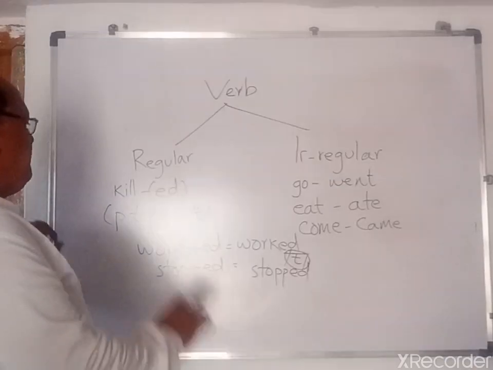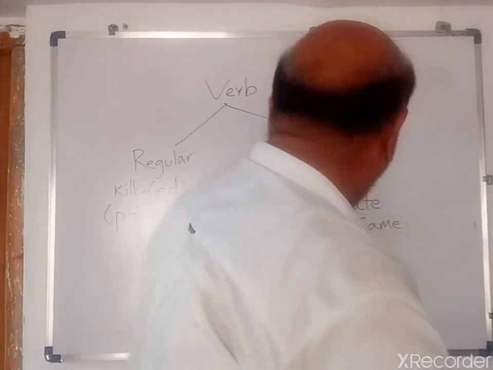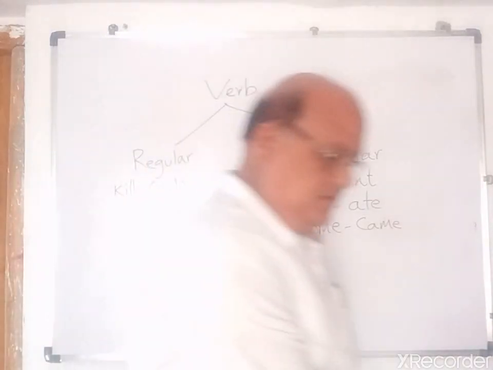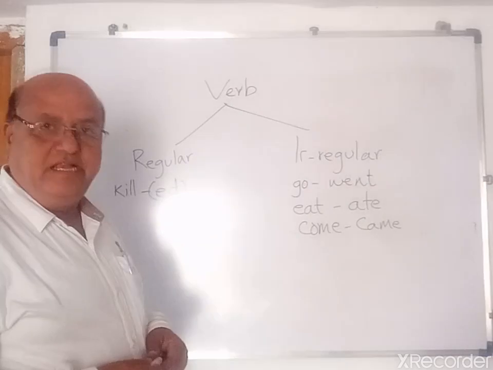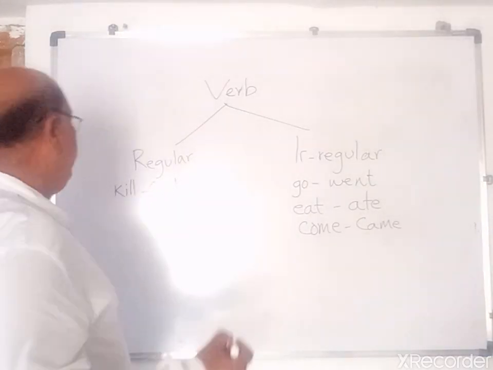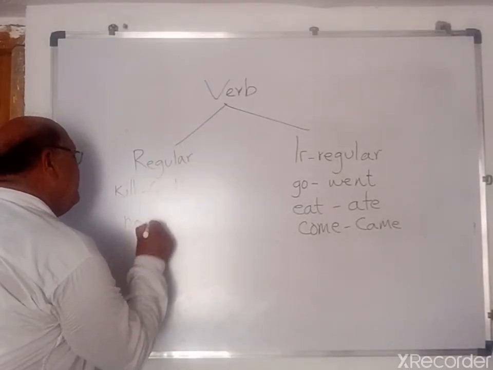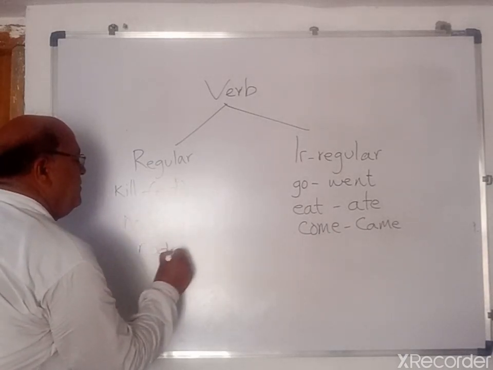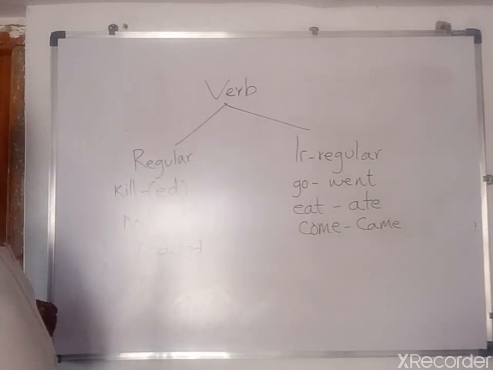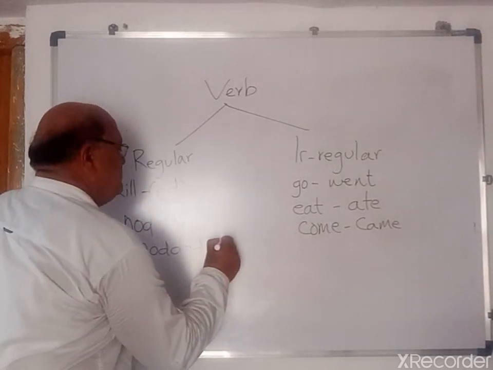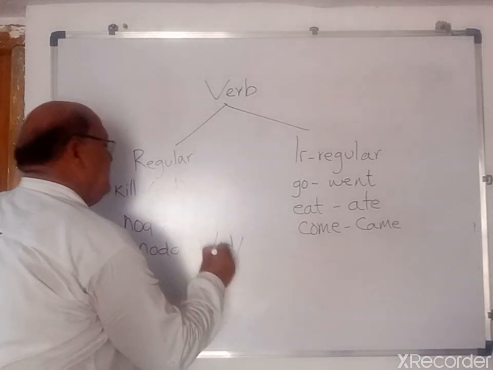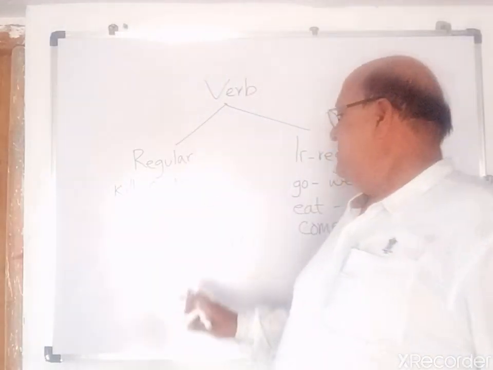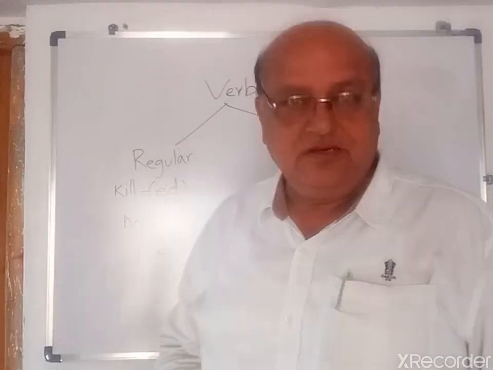Clear? If it is other than this pa, ta, ka, we have done kill plus ed, killed. And when we have the word nod plus ed, we have to use the id sound. This is not nodded in the wrong way.